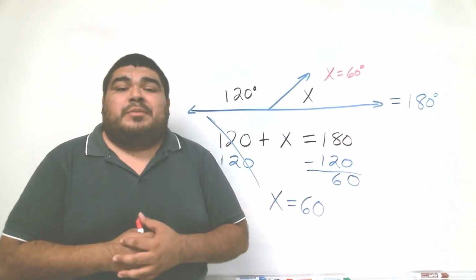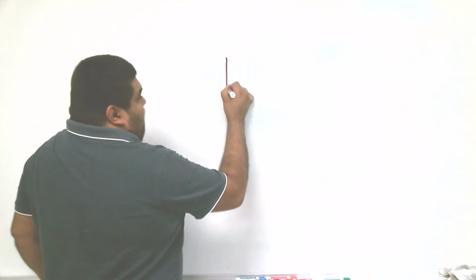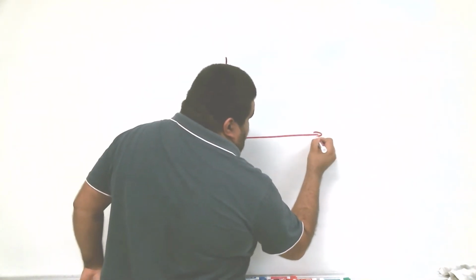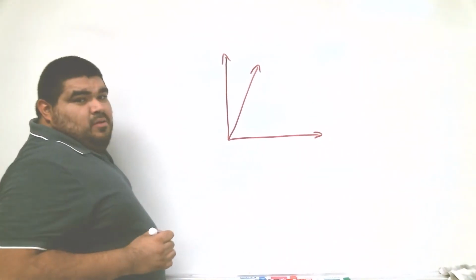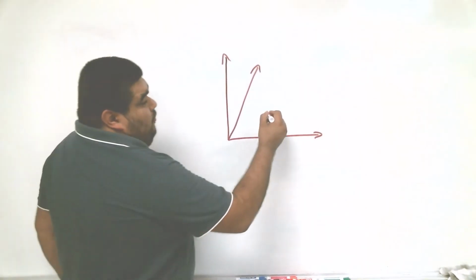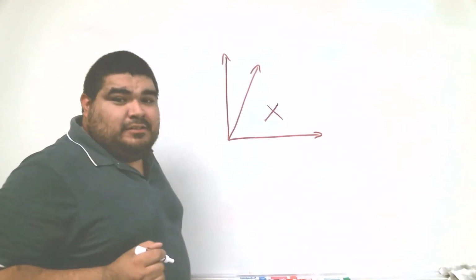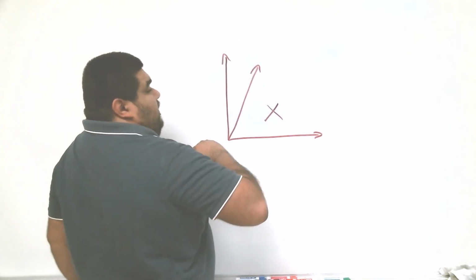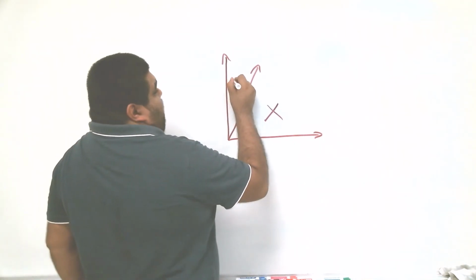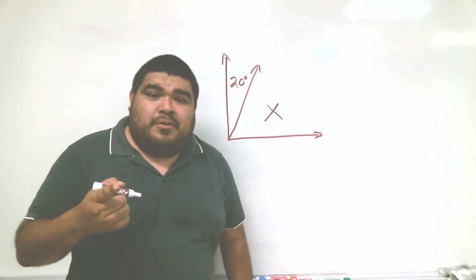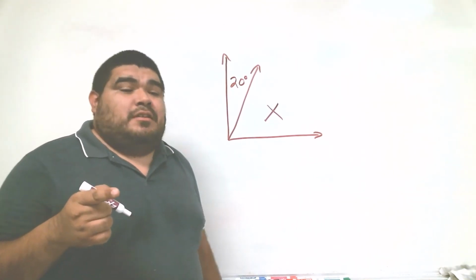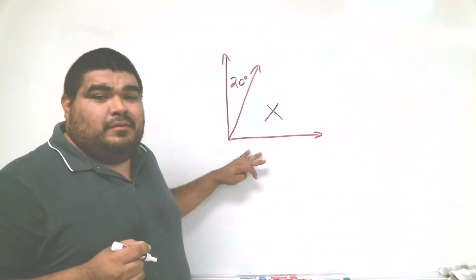Now we're going to do a complementary angle one. All right, guys. So remember, our second example is a complementary angle. This time we're going to solve for the bigger piece. All right, remember our x is a variable. We're going to say that the little angle is 20 degrees. So remember, how many degrees does a complementary angle have? 90, right?